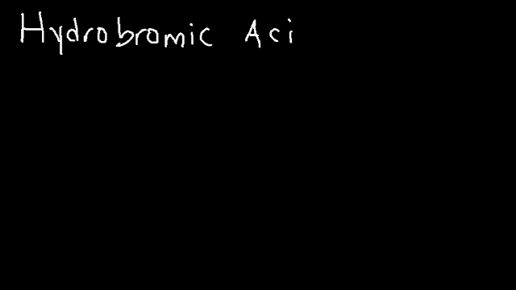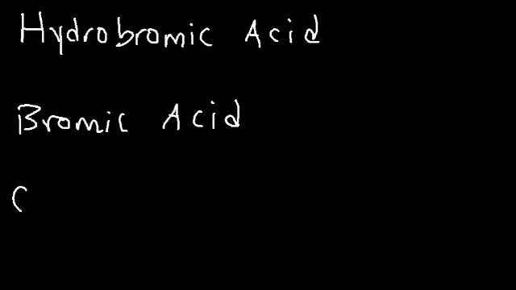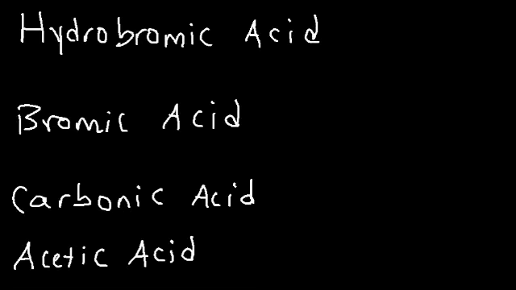Try these. Hydrobromic acid, bromic acid, carbonic acid, and finally acetic acid. Whenever you see the word hydro, that means we have a monoatomic ion, in this case bromide, and it has a -1 charge, so we need to add 1 hydrogen to it.